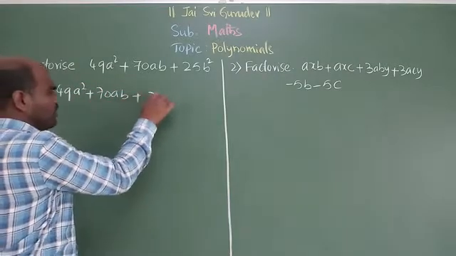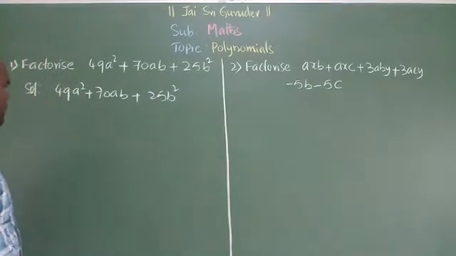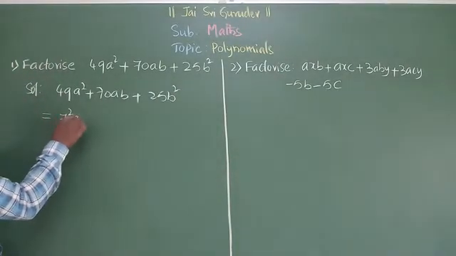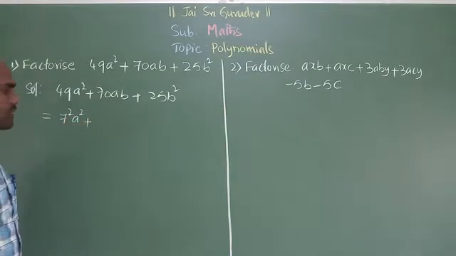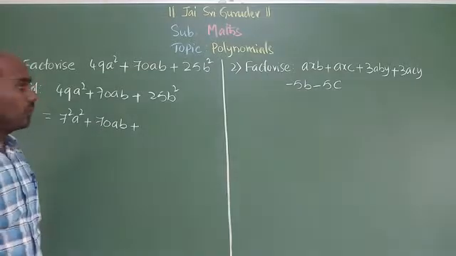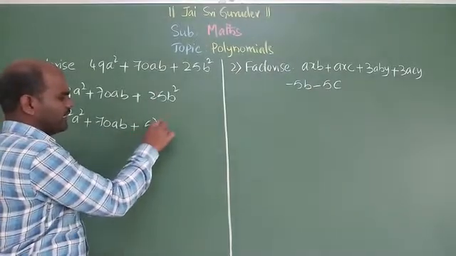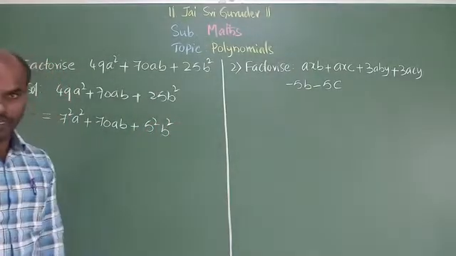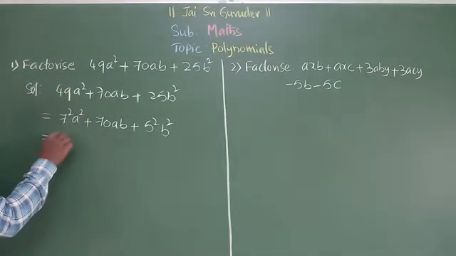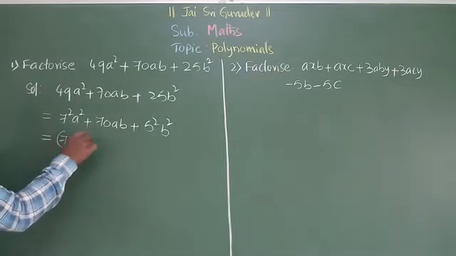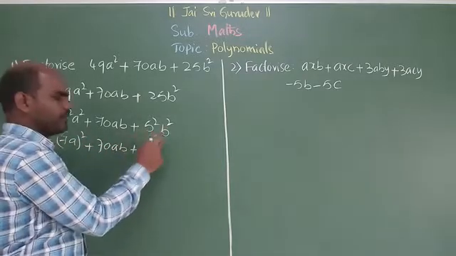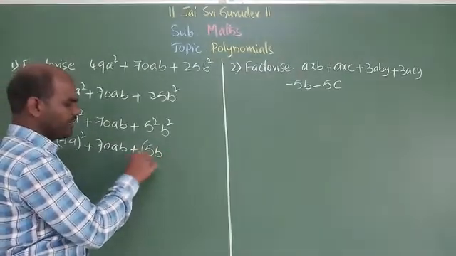So 49a square plus 70ab plus 25b square equals 7 square into a square plus 70ab plus 5 square into b square. Now 7 square a square becomes 7a whole square, plus 70ab, plus 5 square b square becomes 5b whole square.